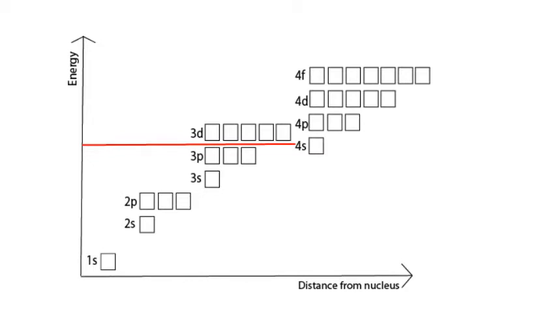we would put 2 electrons into that 1s sublevel. Then we put the next 2 electrons of calcium into the 2s, because that's the next one up in energy. Then we put 6 electrons, and notice how we do it here. So this is 6 electrons in the 2p sublevel. And what we do here is we occupy orbitals with single electrons initially first, before we start to pair them up.